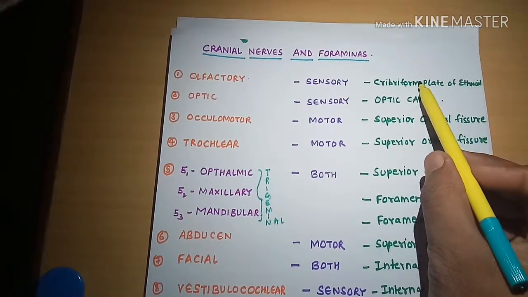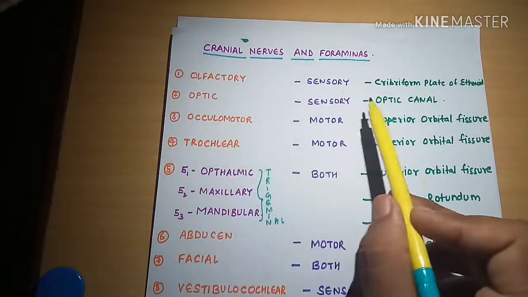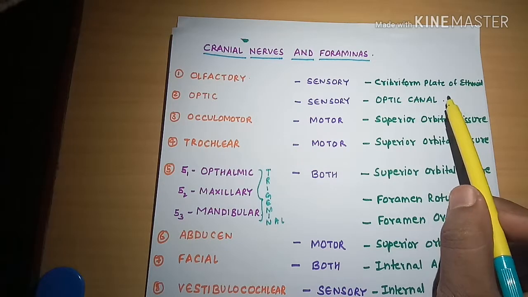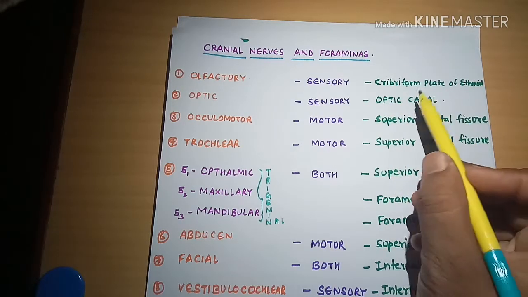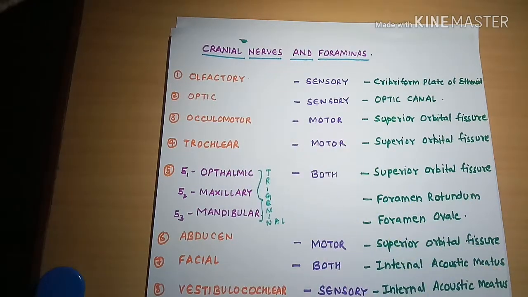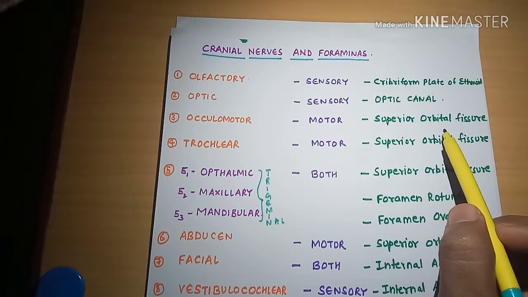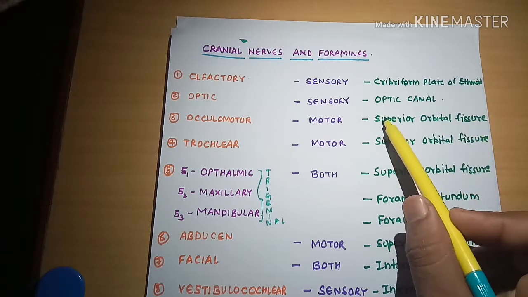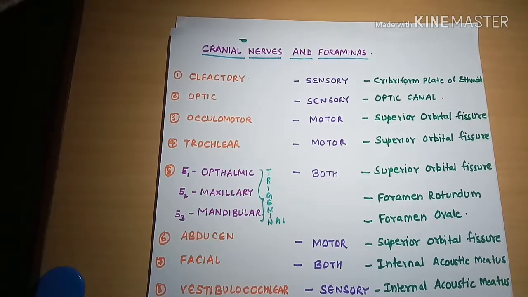The second one is the optic nerve, a sensory nerve, which passes through the optic canal in the middle cranial fossa. The third is the oculomotor nerve, a motor nerve, which passes through the superior orbital fissure, also present in the middle cranial fossa.